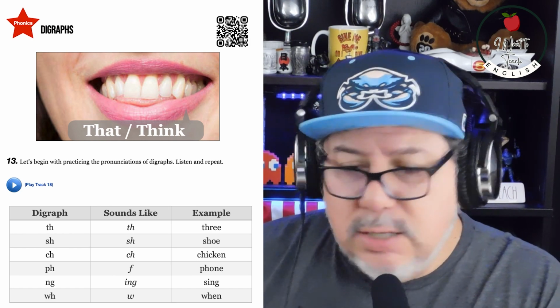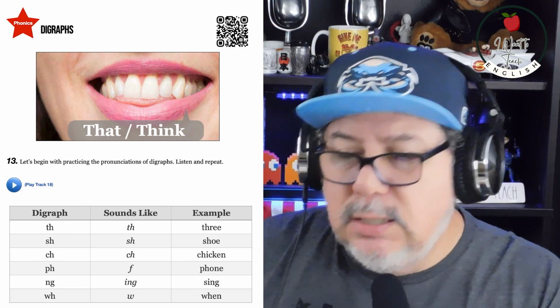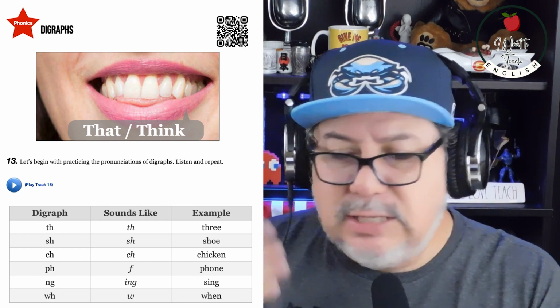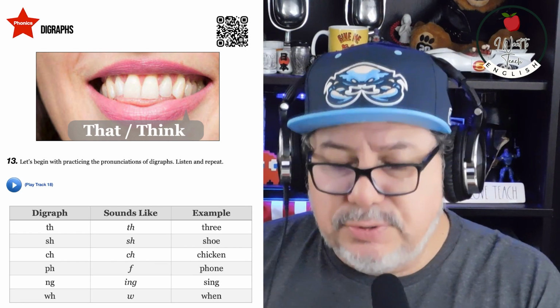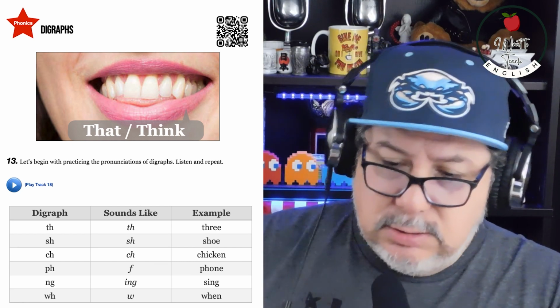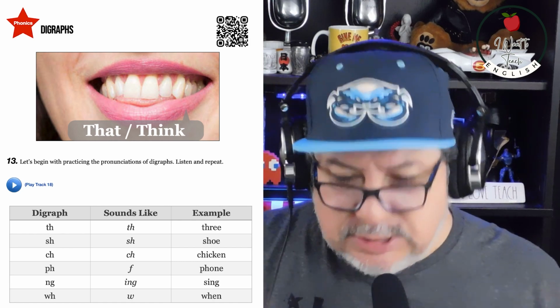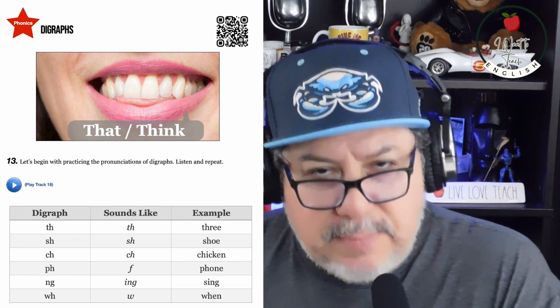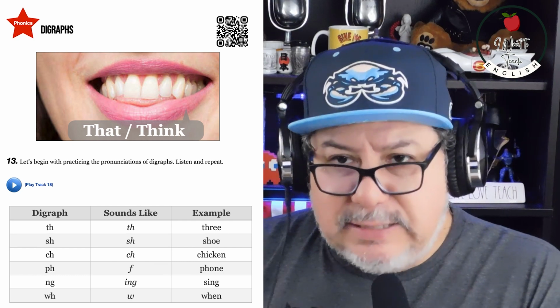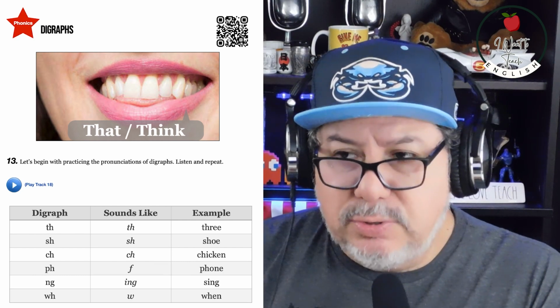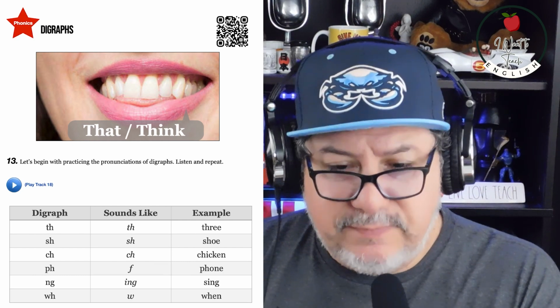I'll come back to that time and time again to get them to practice repetitiously, to really hone in on those two sounds and dig their teeth into it, because they have to master them, not just for the auditory piece so they can hear the differences, but also to be able to pronounce and speak those differences.